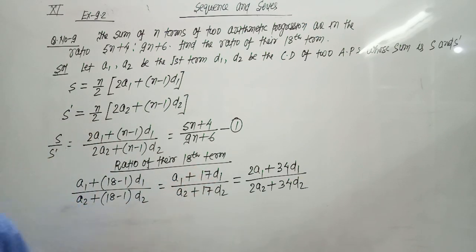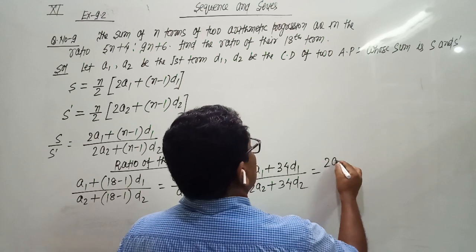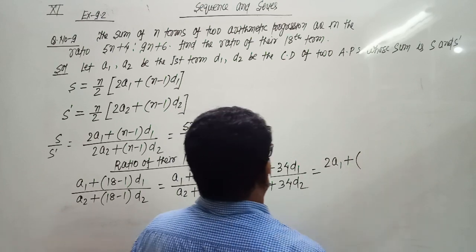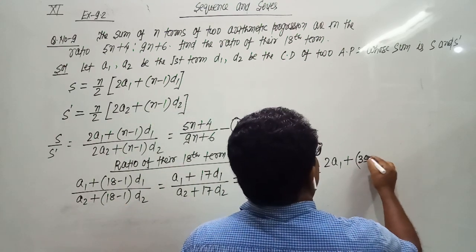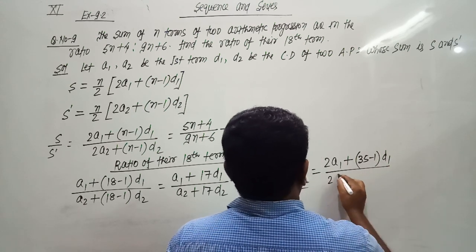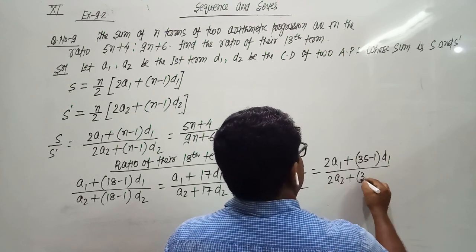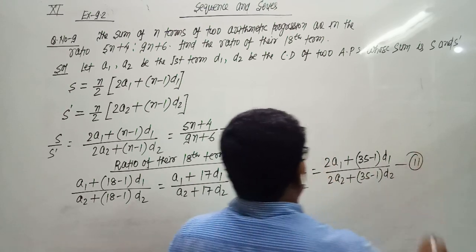And this can be written as 2A1 plus 35 minus 1 D1 upon 2A2 plus 35 minus 1 D2, and name it second equation.